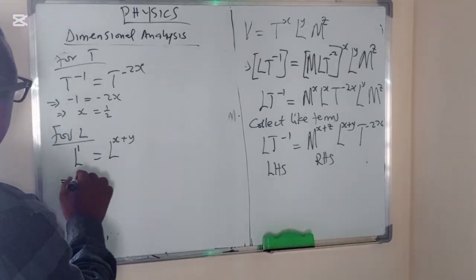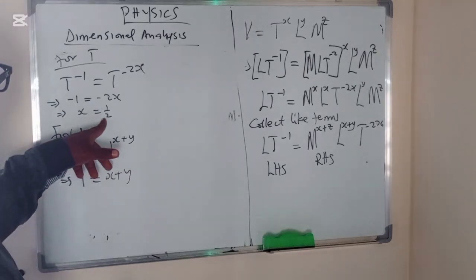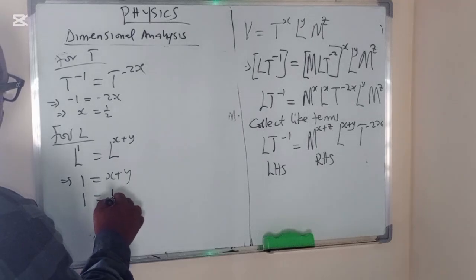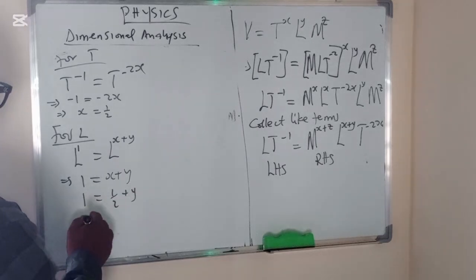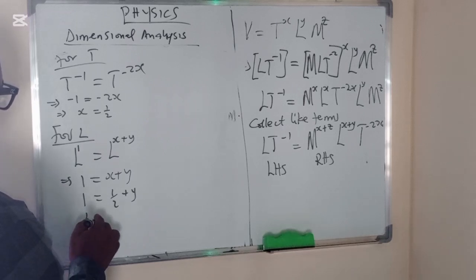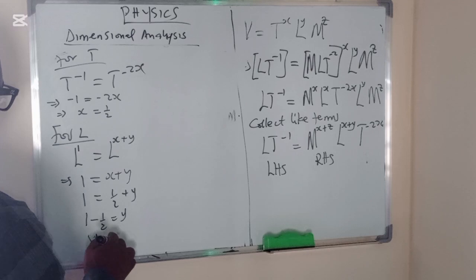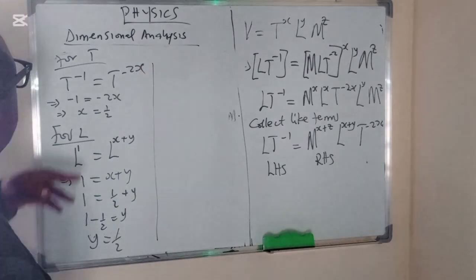So this becomes 1 equal to x plus y. Already we have determined what x is. This is equal to half plus y. So if we take this to that side, it becomes minus, I will have 1 minus half is equal to y. I can say that y is equal to half. We have determined what x and y are.